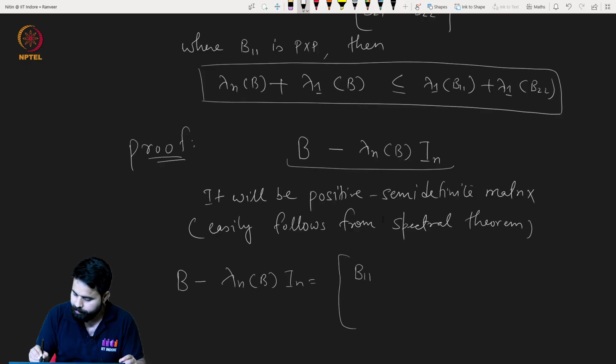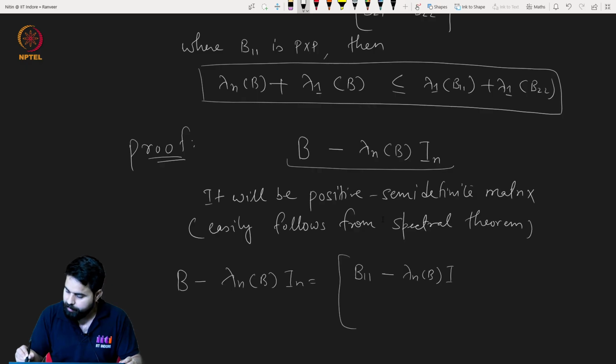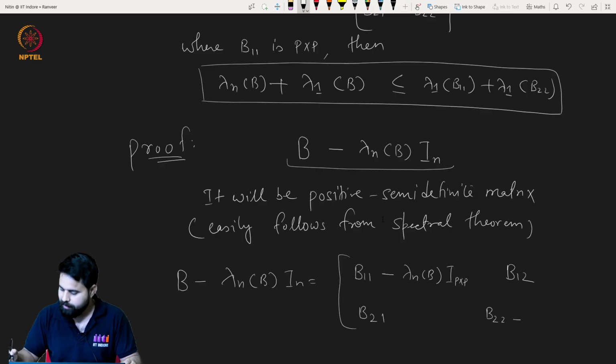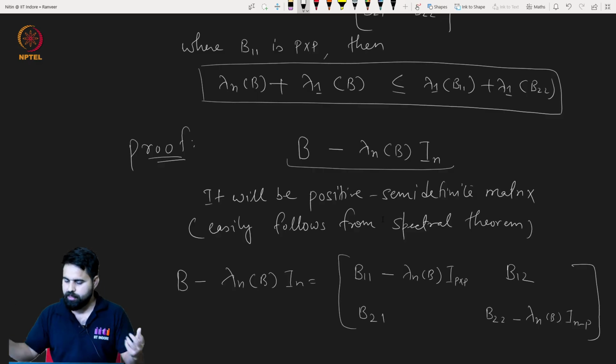In matrix form, this will be B11 minus lambda n of B times the identity matrix, which is p cross p, then B12, very simple, B21, then B22 minus lambda n again of B times the identity, but now the matrix will be n minus p.